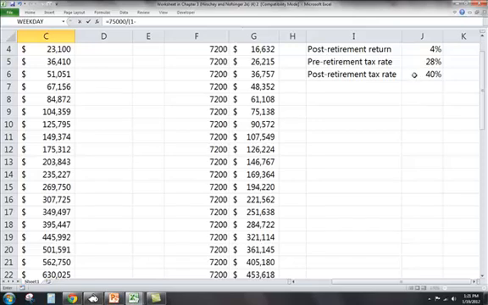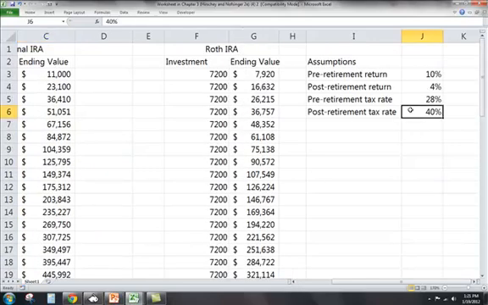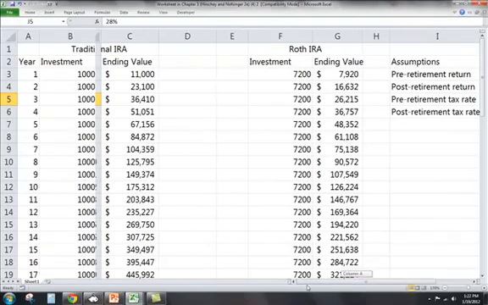And assuming your tax rate is 40%, you'd have to withdraw $125,000 before taxes to receive $75,000 after taxes that year. Just for demonstration purposes right now, I'm going to set this to 28%, the same rate as it was while you were saving for retirement.